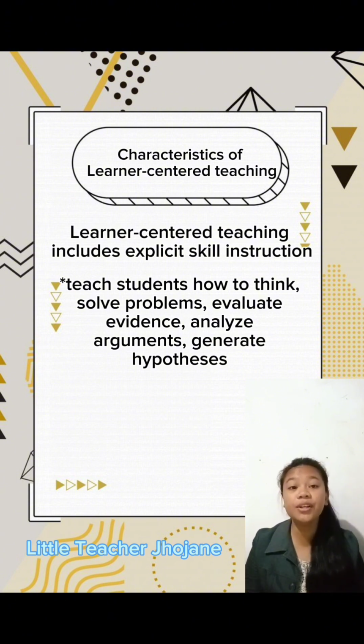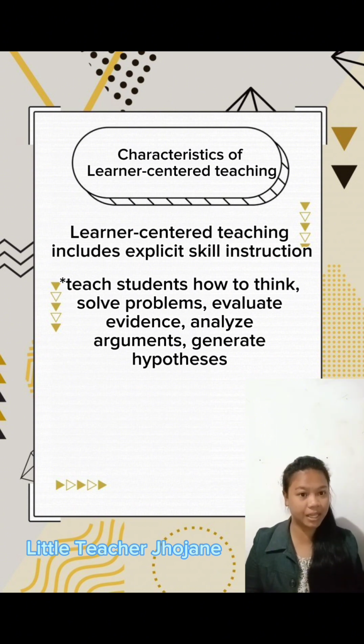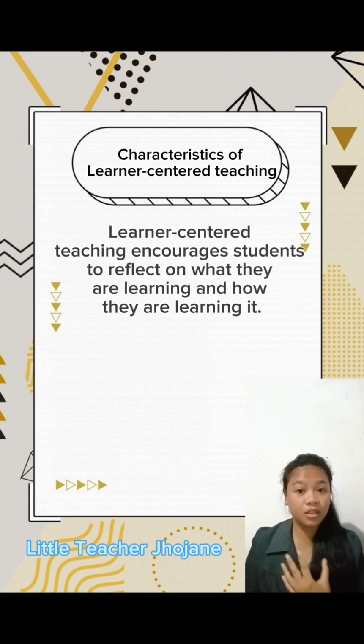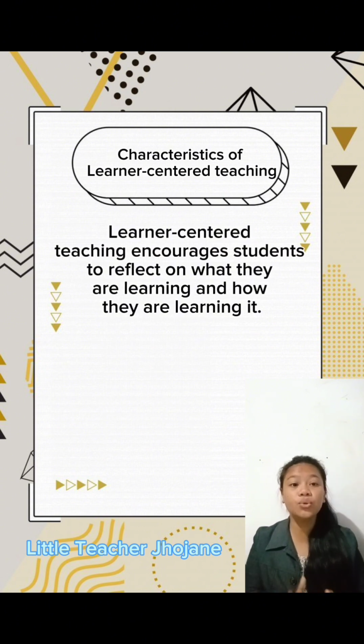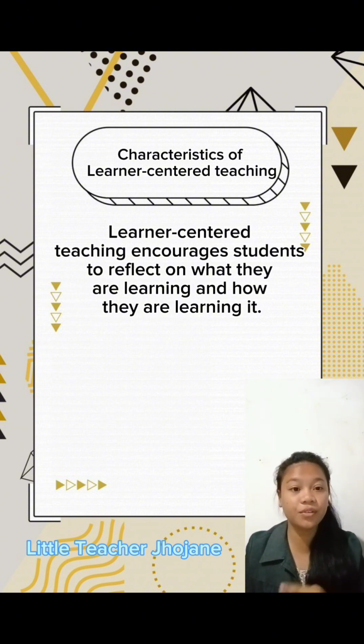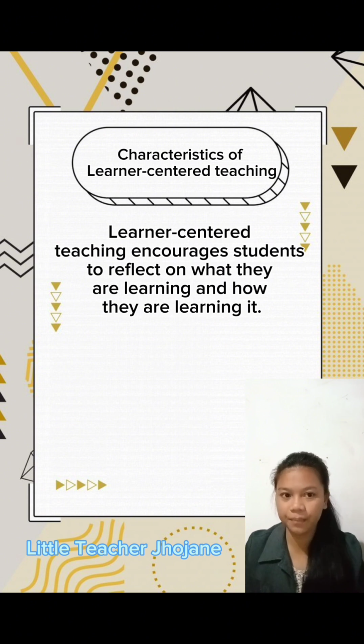All those learning skills are essential to mastering material in the discipline. The third one, learner-centered teaching encourages students to reflect on what they are learning and how they are learning it. So there is a connection between the second and the third characteristics, but I will explain this further.